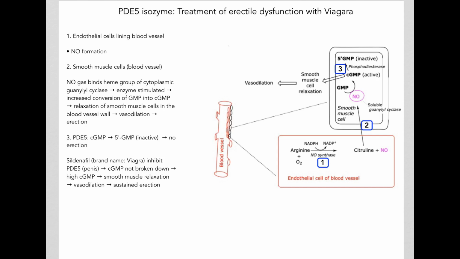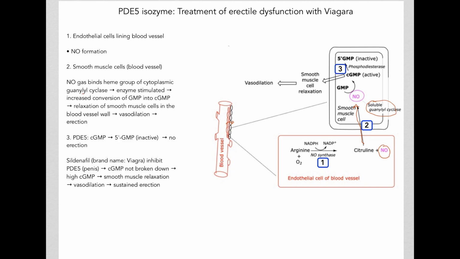This nitric oxide will then diffuse to the smooth muscle cells of the blood vessels, and there in the smooth muscle cells, the nitric oxide will bind to the enzyme guanylyl cyclase.